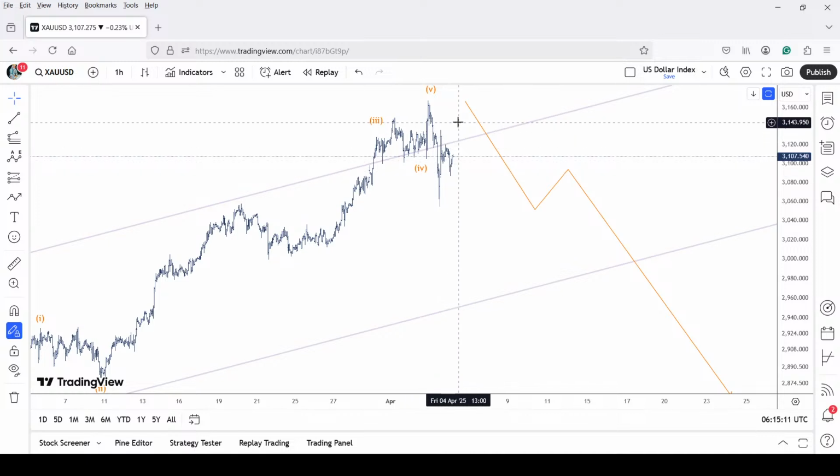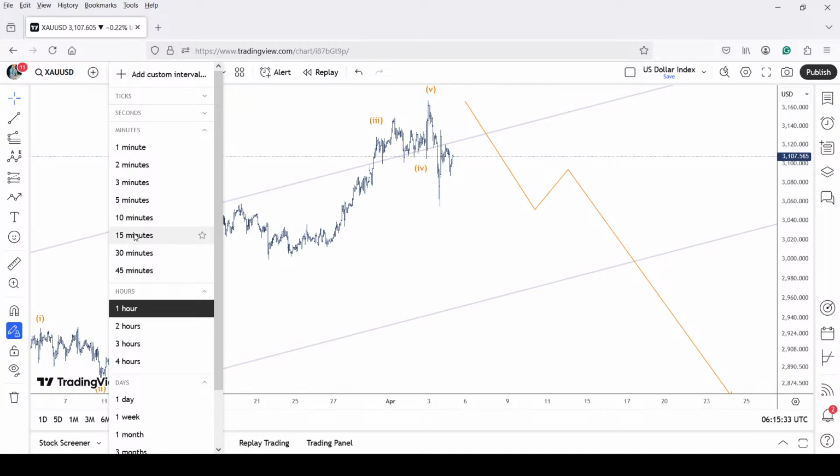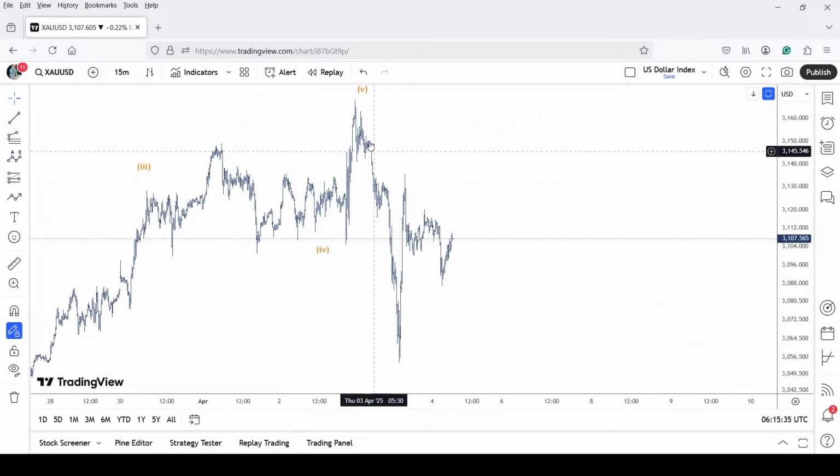Maybe if wave C terminates around 3146, we would like to take a short call there, considering that yesterday's drop was an impulse. It looks like an impulse on a 15-minute time frame, unless wave 5 of 3 extended itself.